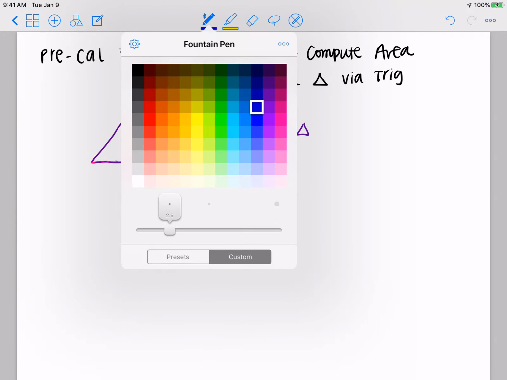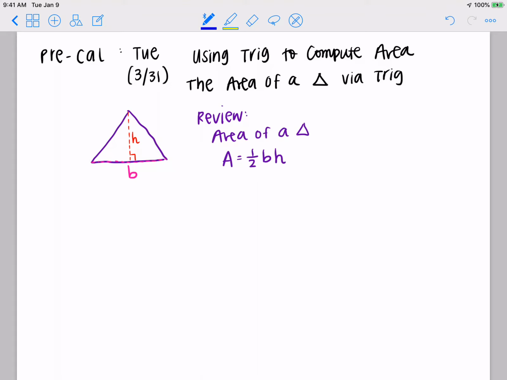But using trig, if we have a triangle that is given two lengths, so if I have a 4 and a 7, and an angle in between, call that 49 degrees, we can actually find the area using these three numbers.